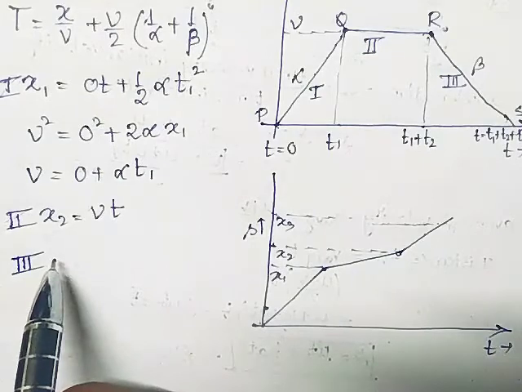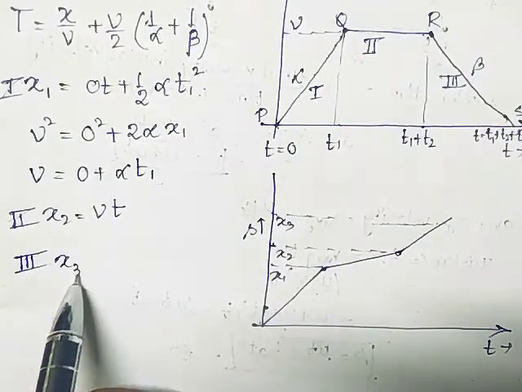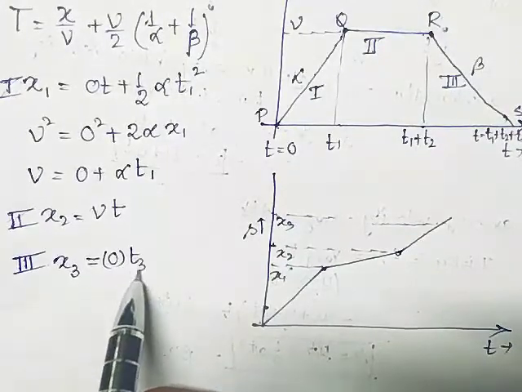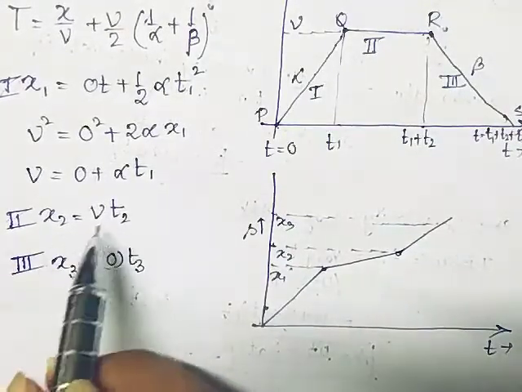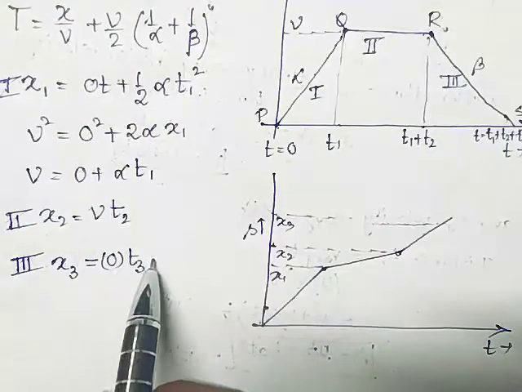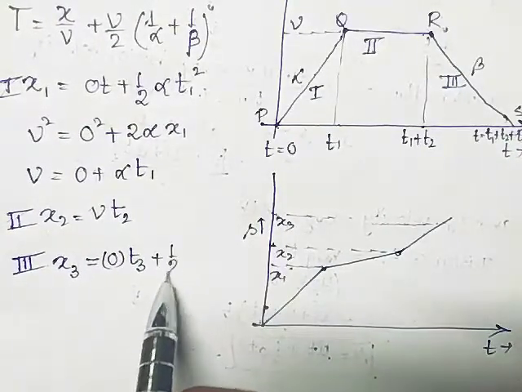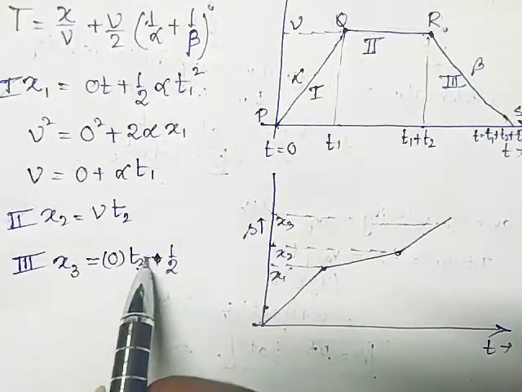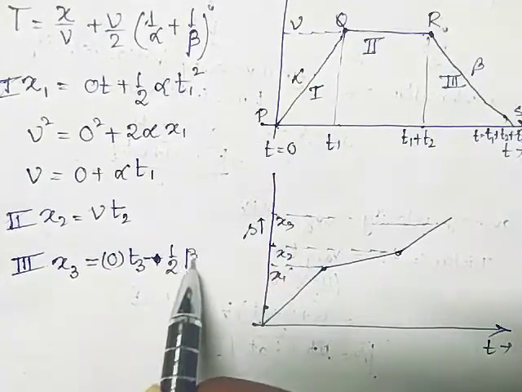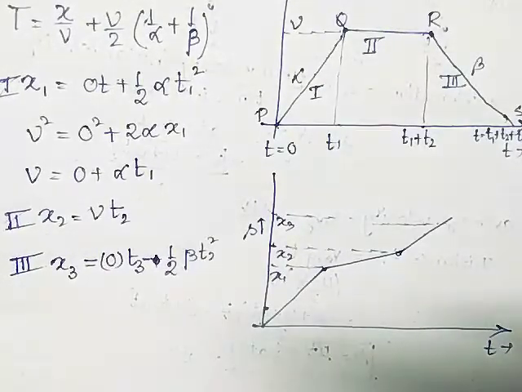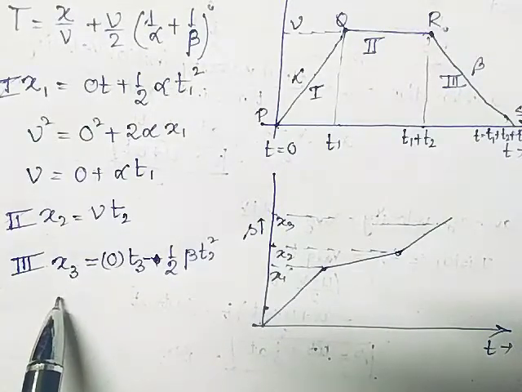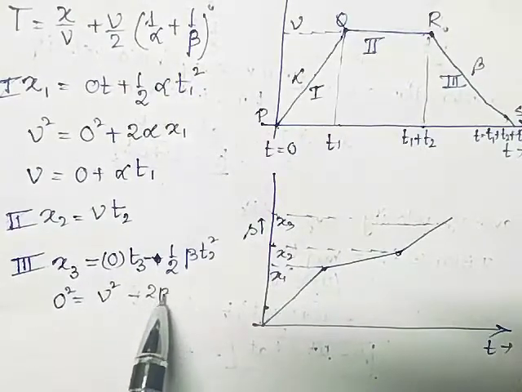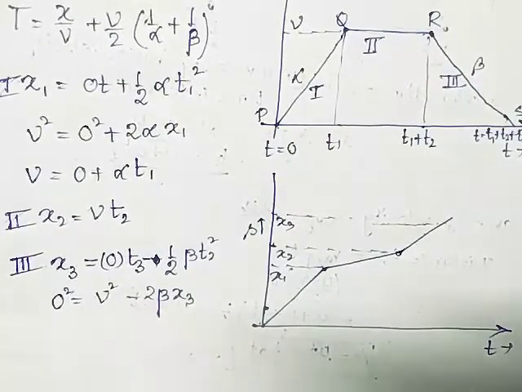In the third event, the distance covered is x3. So x3 equals v into t3 minus 1 by 2 into beta into t3 square. It is minus because of retardation. After that, another equation: 0 square equals v square minus 2 beta into x3.